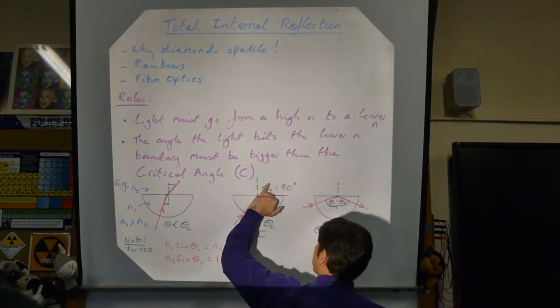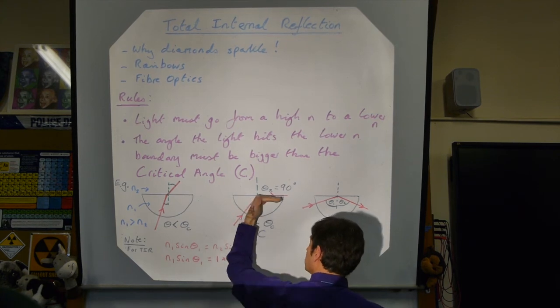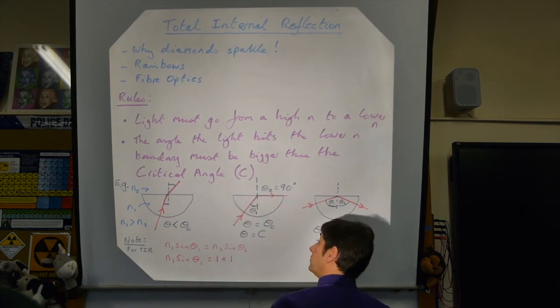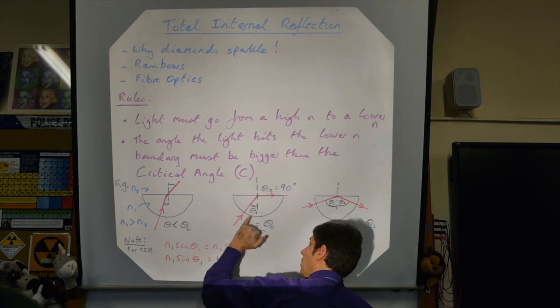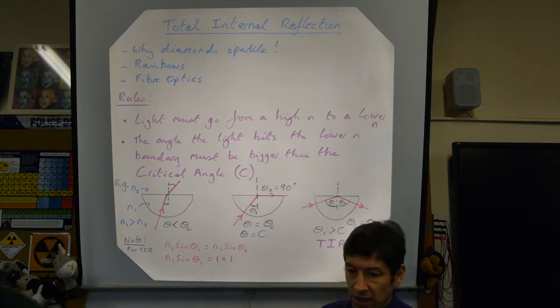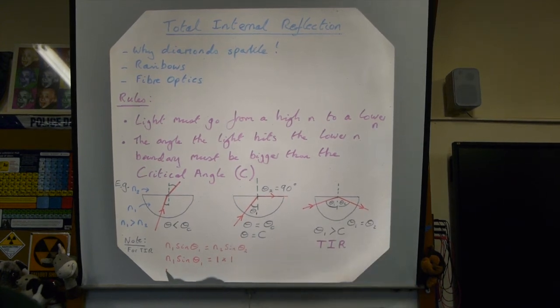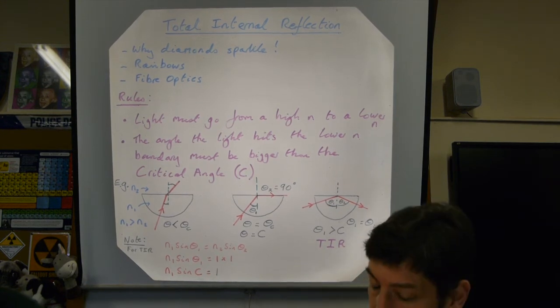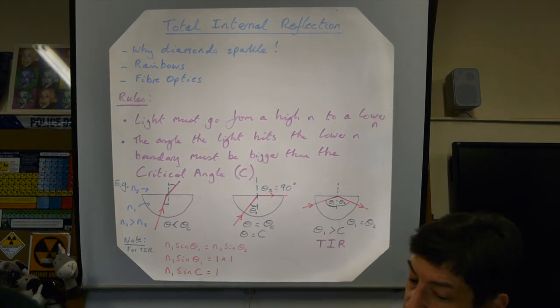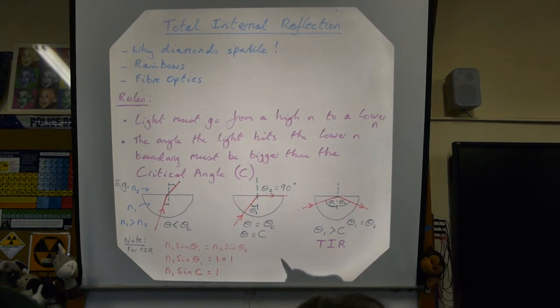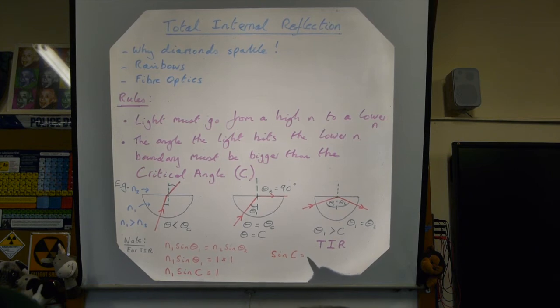Well, if we made that 90 degrees, then it must have been the start of total internal reflection, so theta 1 must be the critical angle. So we can rewrite this as n1 sine of C, the critical angle, is equal to 1. So I'll go over here. Sine of the critical angle is equal to 1 over n.